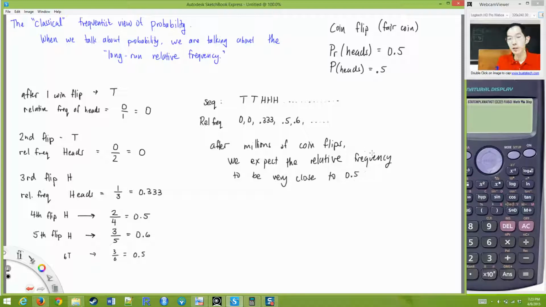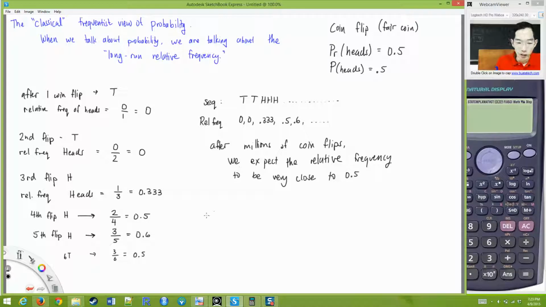Okay, so after a million coin flips, it probably won't be exactly 0.5, but we expect it to be very close. And the idea is that if we did this an infinite number of times, the value that it approaches, if you've taken calculus, you might be familiar with the concept of a limit. Okay, the value that it approaches, this relative frequency, is the probability of the event.